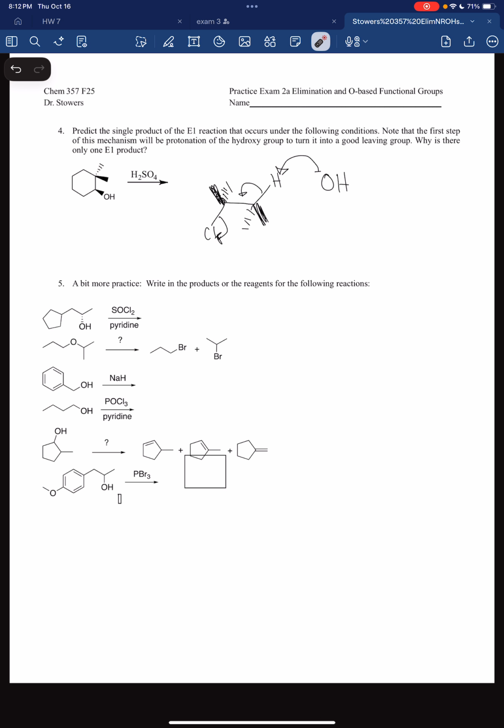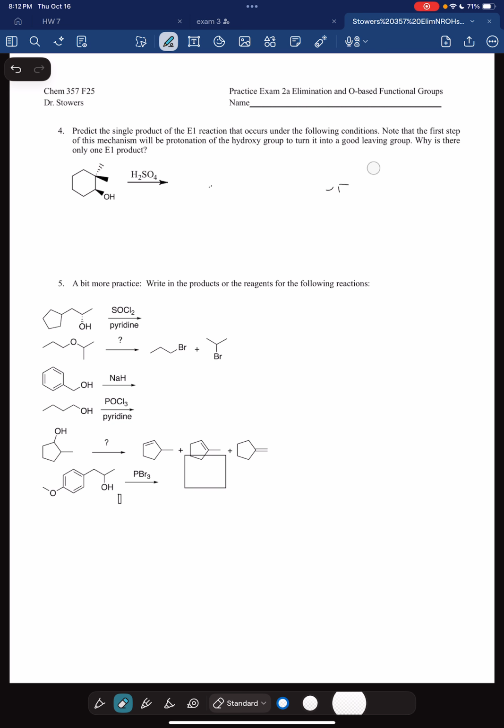All of this reaction site has to be on the same plane. The term we use is that the chlorine is antiperiplanar to the hydrogen. So with E2 reactions, it has to be like that. This is not talking about that concept.